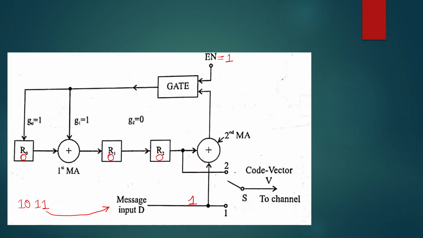So this 1 comes out here. The output of R2 is 0, so 0 modulo 2 added with 1 is 1. The output of the modulo 2 adder is 1, so in this channel you get 1, and in this line also you get 1. Then what is going to happen? The new values that get stored in R0, R1 and R2 are: this 1 enters the register newly.